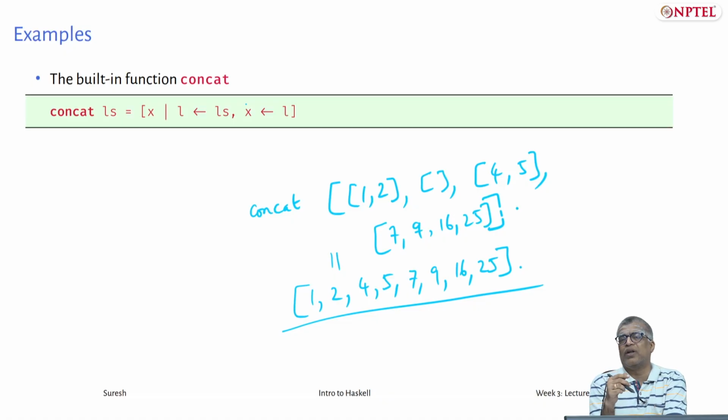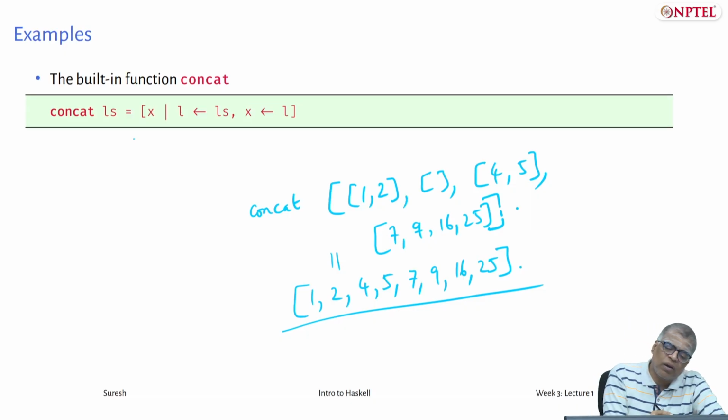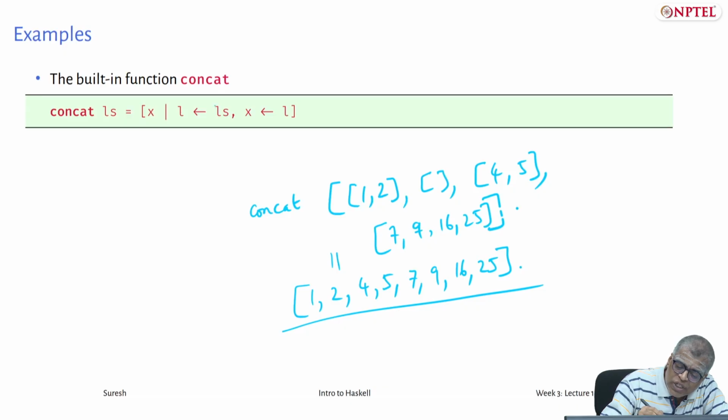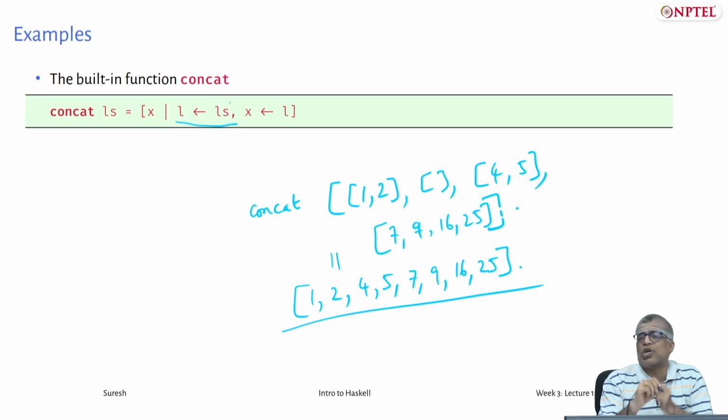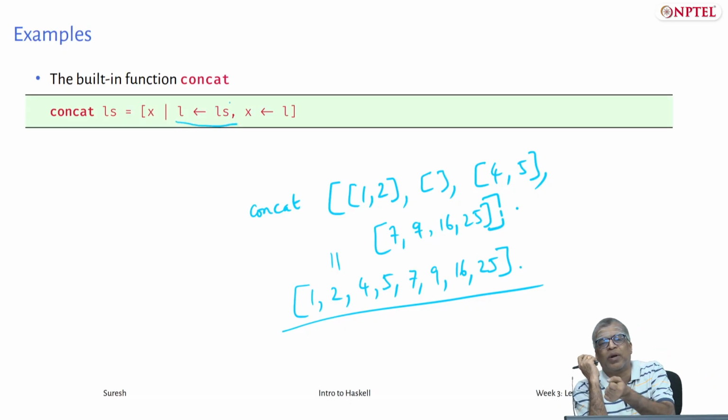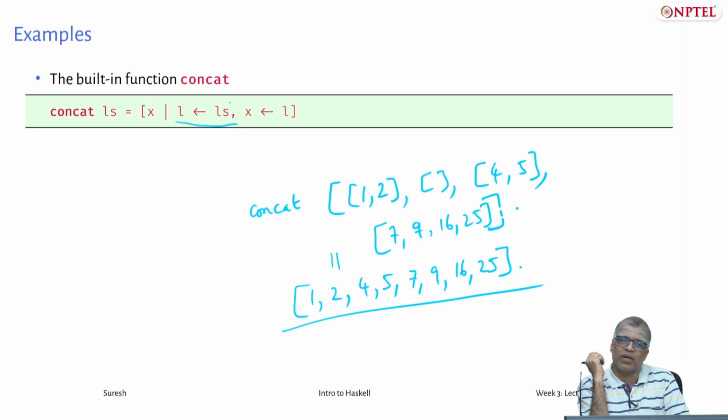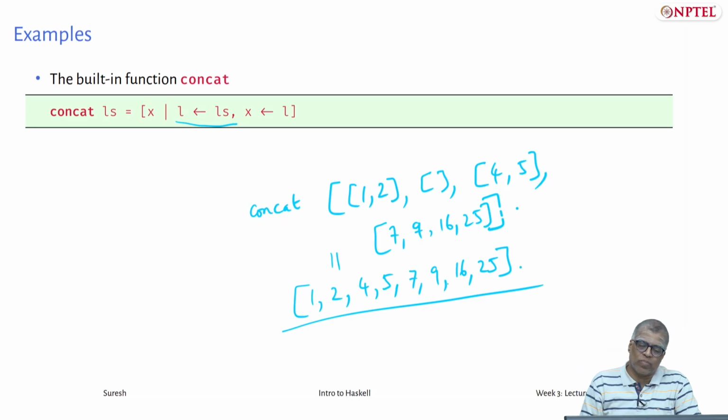So if you have a list with one element and many elements later, you will call it x colon xs. xs is the plural of x. Similarly, here you have a list of lists, so you will call it ls, since you want to call each list l. So I will fix each list from ls, and once I have fixed a list, I will look at each element of l and I will output that element essentially. So I will get this.